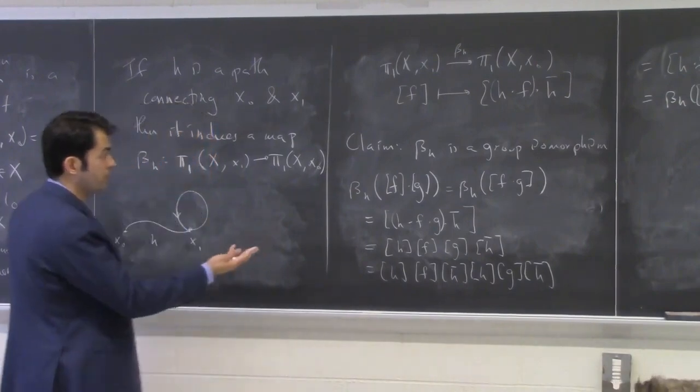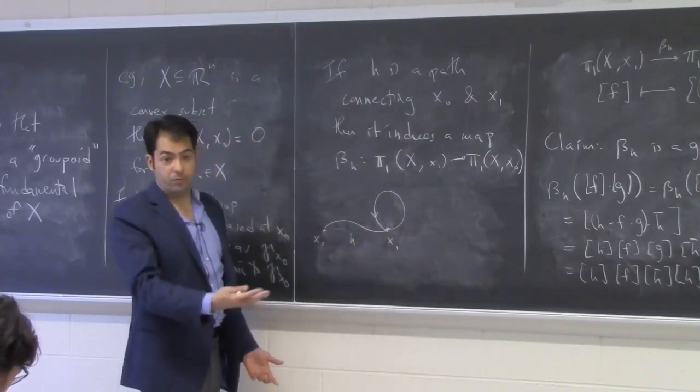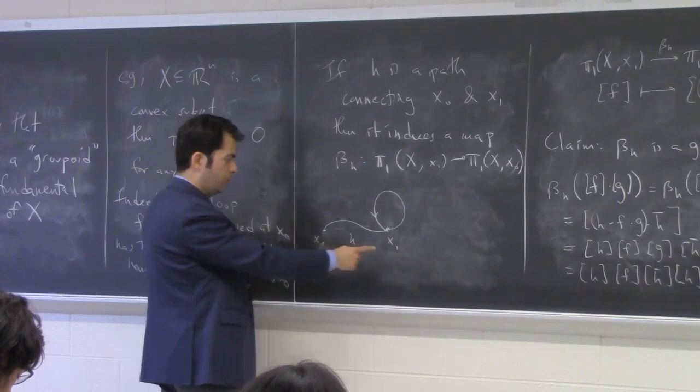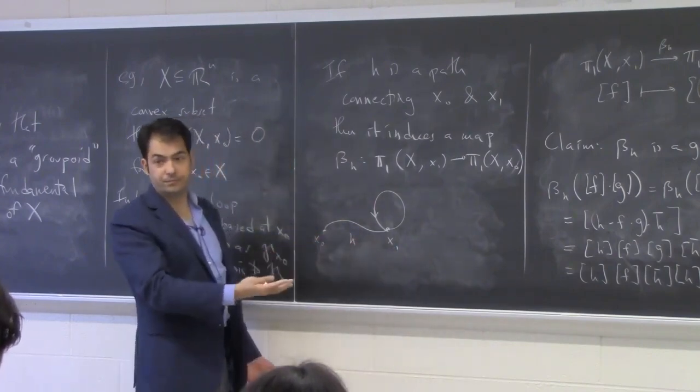Okay, and now we want to show that it's a group isomorphism. So what we'll do is define an inverse map. And of course, the inverse map is, if you have a loop at x0, you get a loop at x1 by doing the same thing with the inverse path.